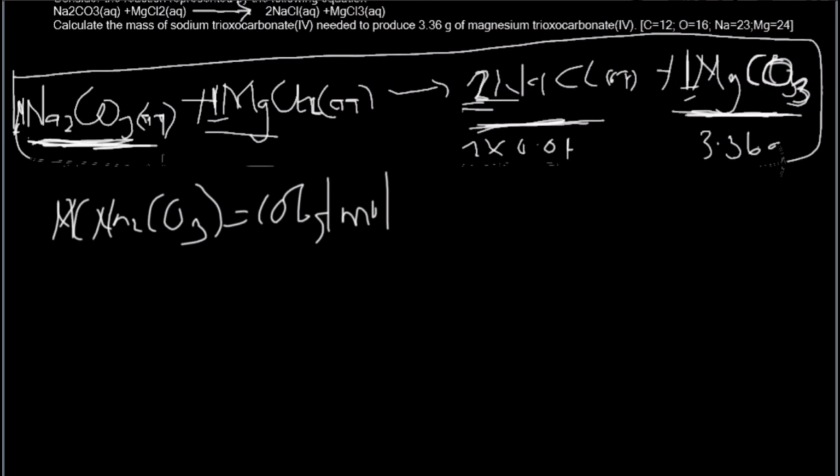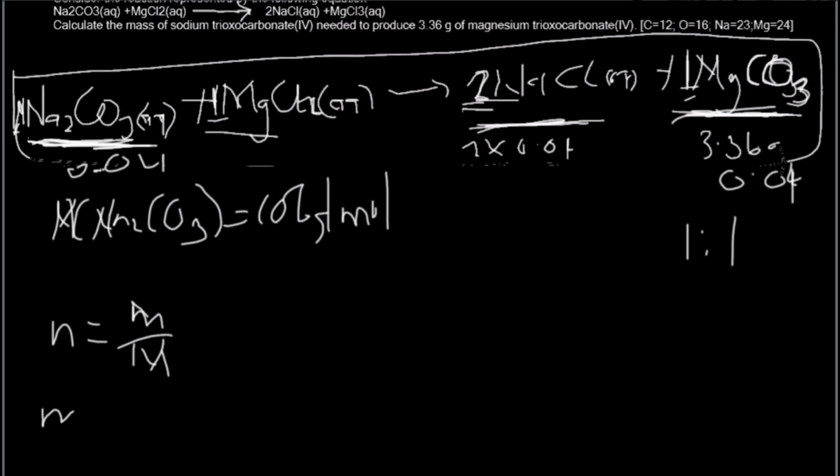Therefore, once we know that the moles of this is 0.04, and since the mole ratio of this and that is 1 is to 1, it means the moles for this side, sodium carbonate, is also 1 is to 1. So therefore, n equals mass over molar mass.